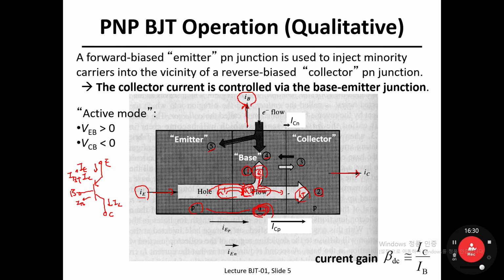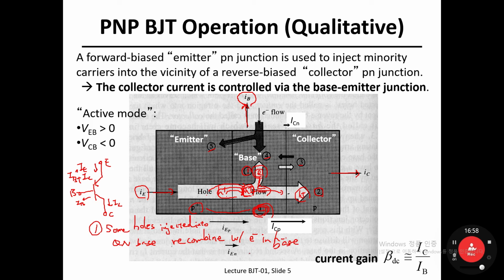Okay, so in number one, some holes injected into the quasi-neutral base region would recombine with what? With electrons in the N-type region, or in the base, right?